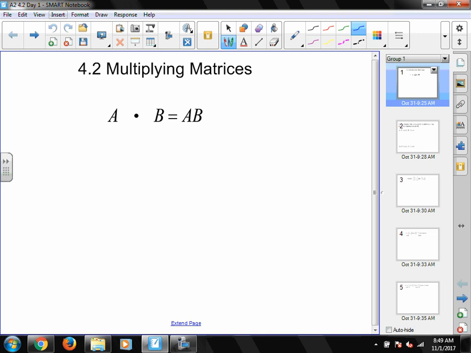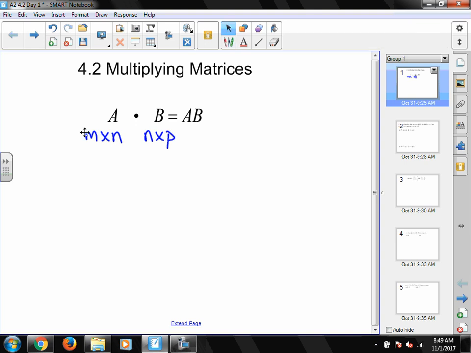So if I say that matrix A is an M by N matrix, whatever size that is, and I'm going to say that matrix B is going to be an N by P. In order for us to multiply these two matrices, the Ns must be equal.